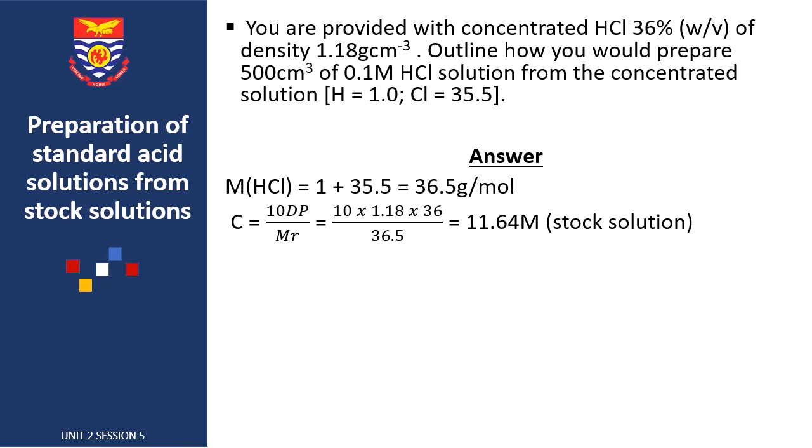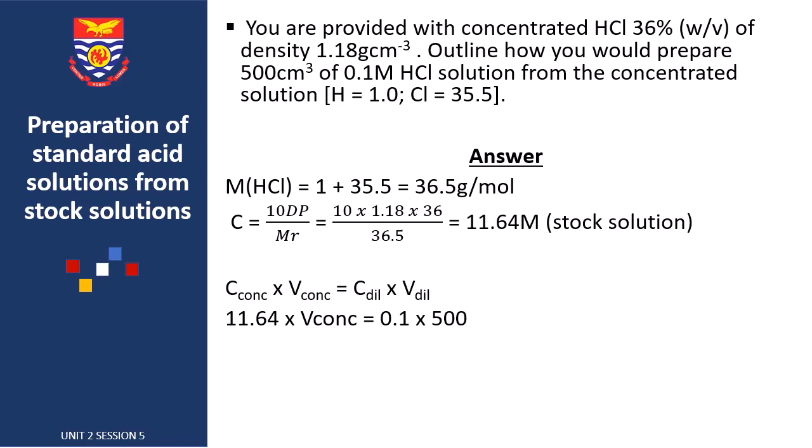So that stock solution, out of which we are going to pick a certain volume, has a concentration of 11.64. So with that, what volume should we fetch is now what we are going to look for. Once again, we state our dilution formula, and then we do a substitution where the concentration of the stock solution is 11.64.